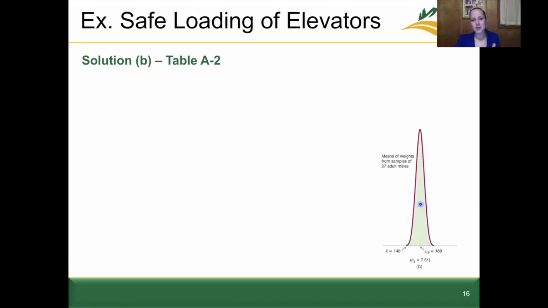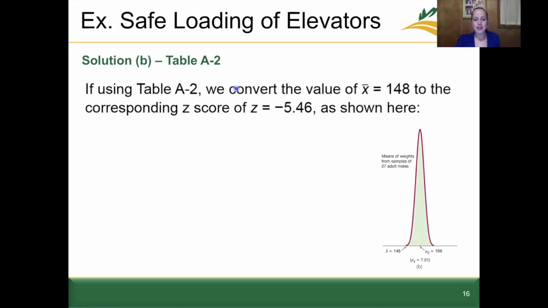Now, remember when using table A2, what do we need in order to use table A2? Well, we need a z-score, right? So using table A2, using this x bar value of 148, we're going to calculate the z-score and then go to table A2. Now, why is this considered an x bar rather than just an x now?